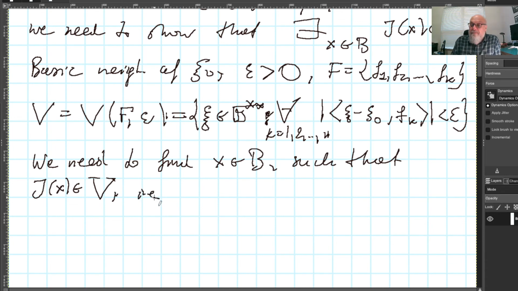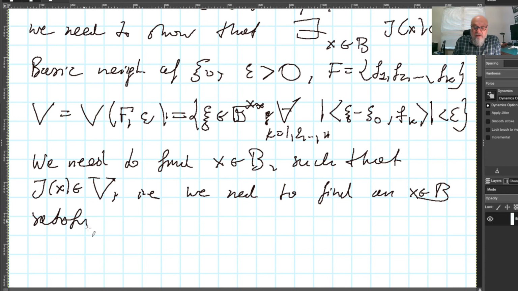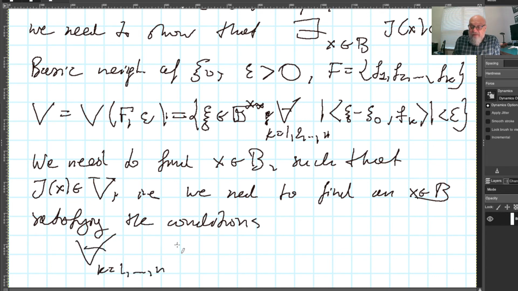That means simply we need to find an X belonging to B satisfying the conditions that for every k equal 1 to n, that one is satisfied.